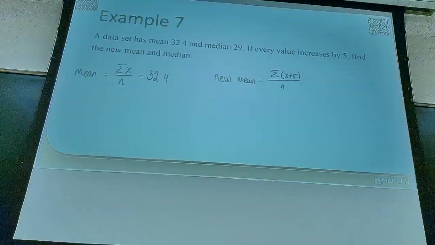Number of data points doesn't change, right? Using properties of summations, that just becomes two sums. Sum up all your data points, and then you just sum up 5, however many data points there are.